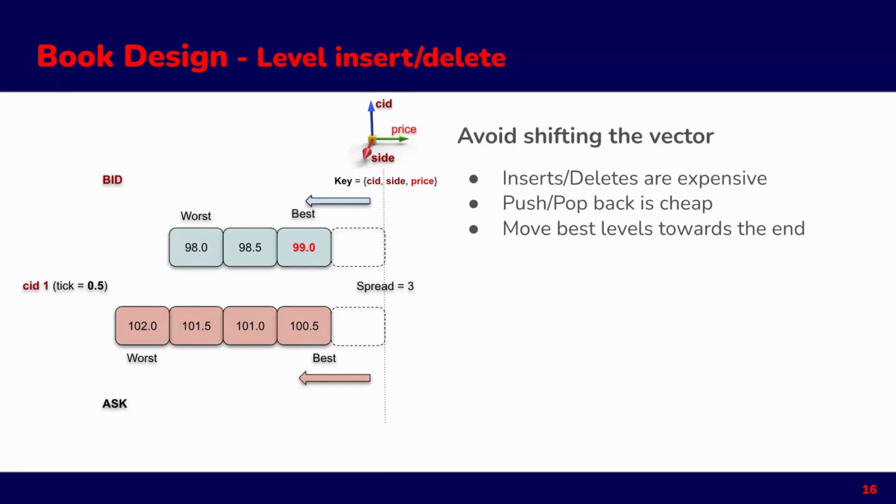And if in some case we have to insert into the middle of the vector, that's not a big deal, because in such a case we are not latency sensitive anyway, and the vector is relatively small, so the penalty is not so high. But this organization with the best level towards the end is crucial for performance. So we have to orient it this way.